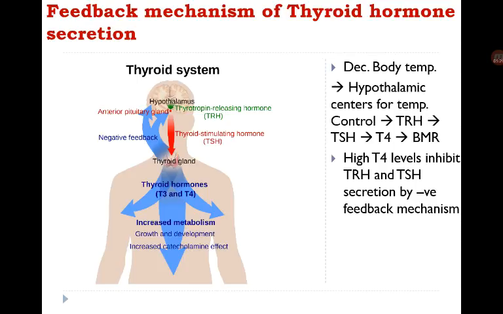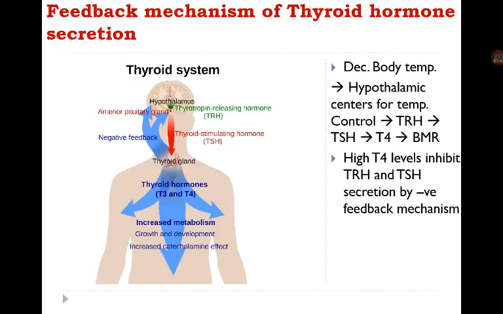TRH is then going to activate the anterior pituitary to secrete TSH. TSH is going to activate the thyroid gland to secrete T4, and then T4, the thyroid metabolic hormone, is going to elevate body temperature by increasing the basal rate of metabolism.